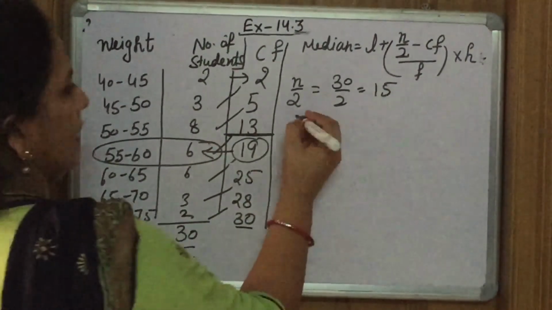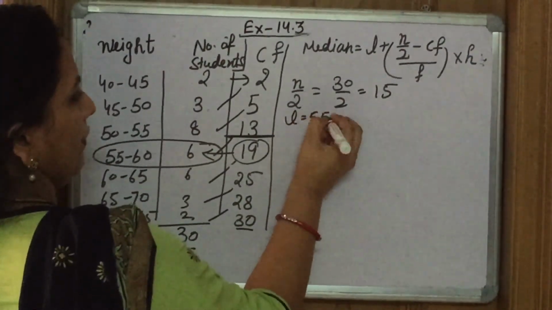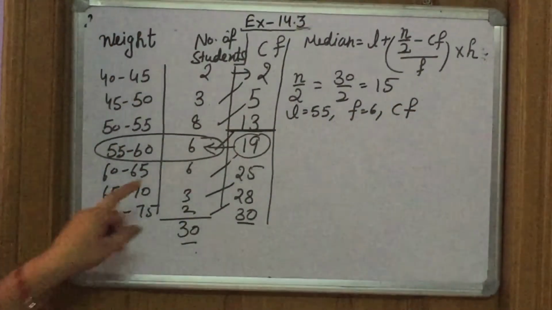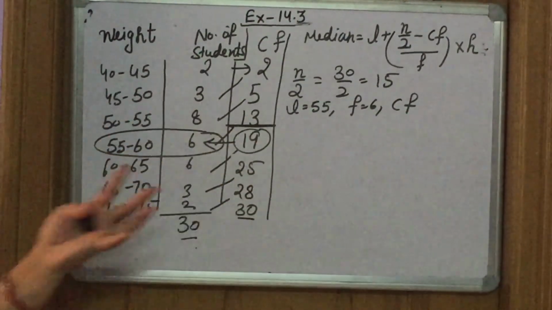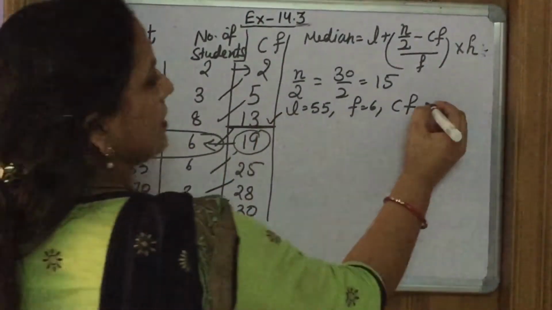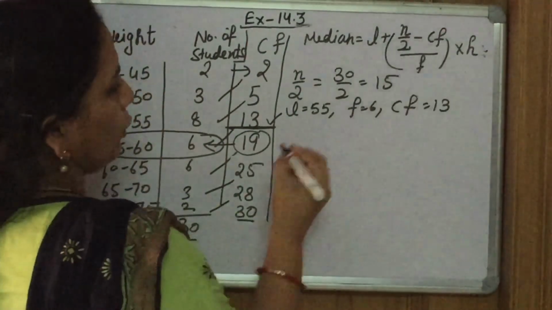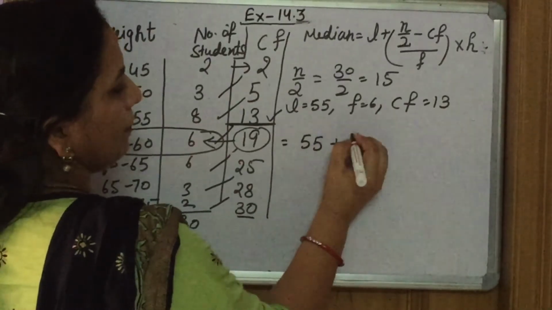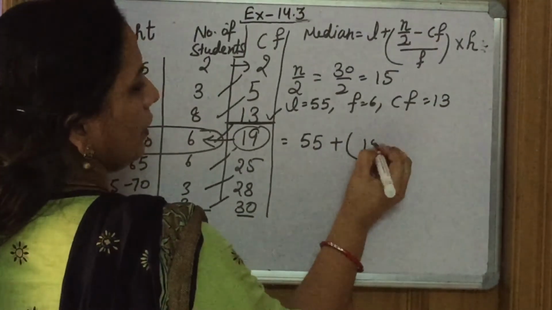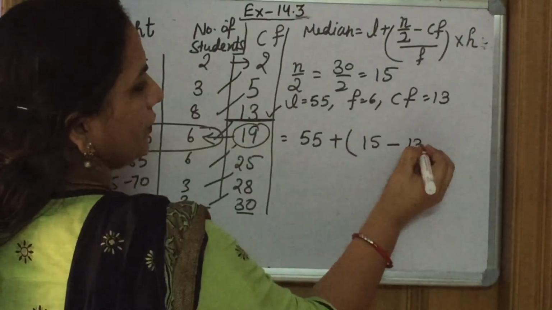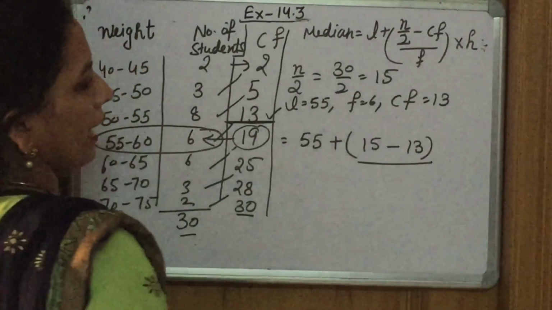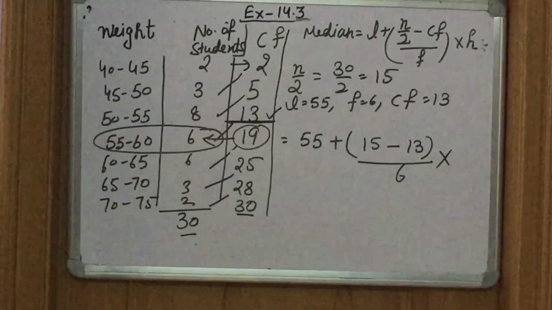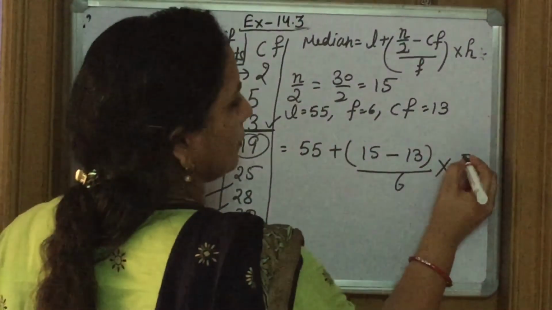So the value of L is 55, F is 6, CF. CF is the one preceding term of our median class, this is equal to 13. Now put all the values in the formula. L is 55 plus, in a bracket, 15 minus CF 13, divided by F, this is 6, and multiplied by h. h is the height of the class interval, which is 5.